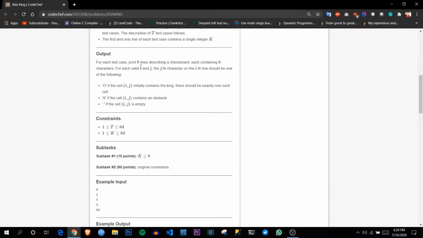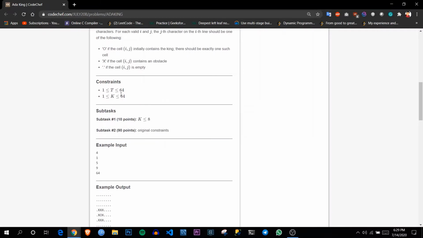The output is to print 8 lines describing the chessboard's state, where we place 0, which denotes the present location of the king, x, which denotes the obstacles, and dot, which means empty. So we have to construct the chessboard in such a way that the king can only move in k distinct cells.